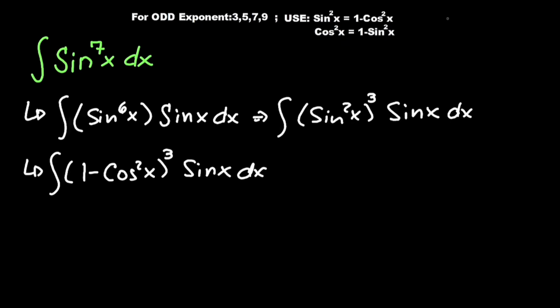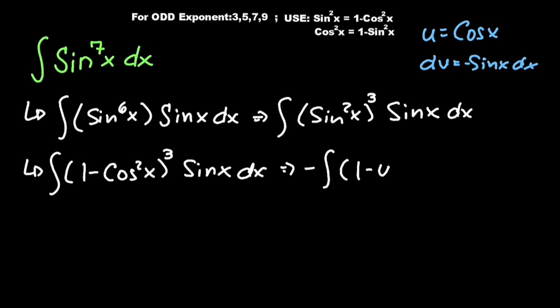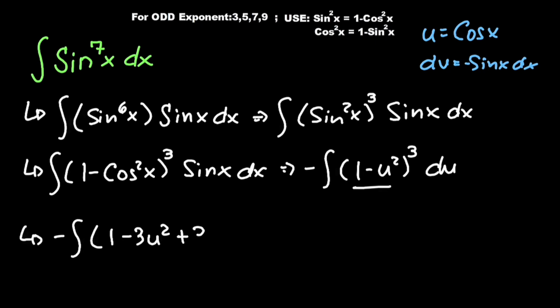And so, let u here be cosine of x again. Derivative of this would be negative sine of x dx. And so this would be negative integral of 1 minus u squared to the power of 3 du. Expanding this, we would have 1 minus 3u squared plus 3u to the power of 4 minus u to the power of 6 du.